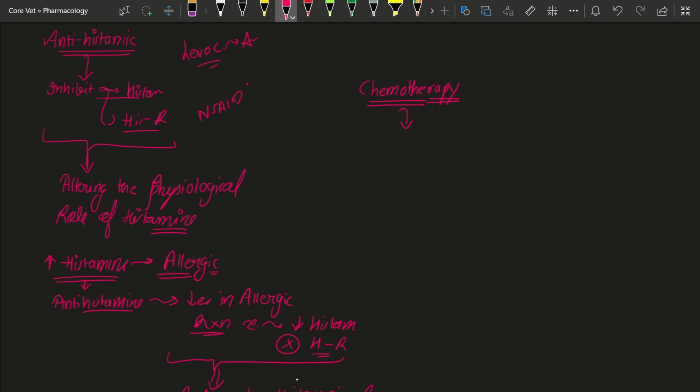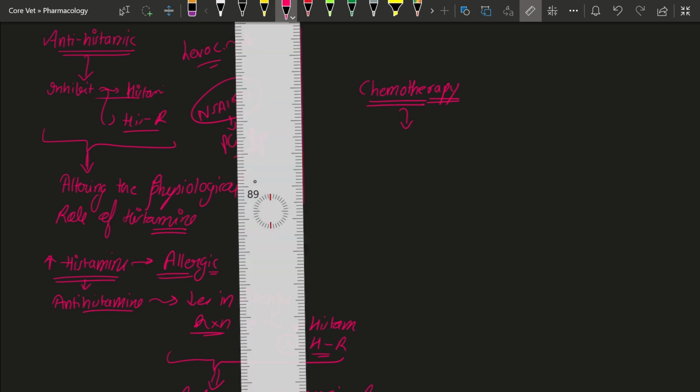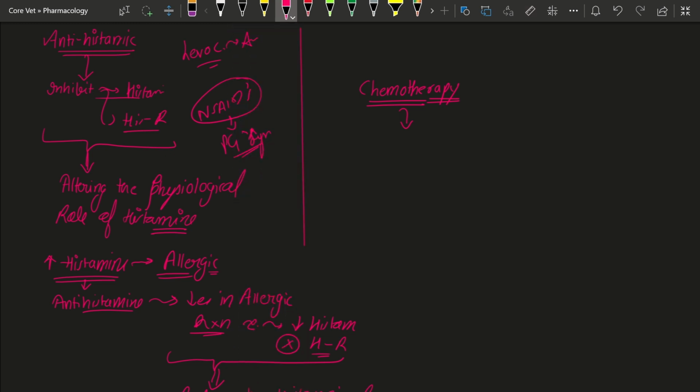You can also take an example of NSAID over here, which inhibits PG synthesis, right? The NSAIDs inhibit COX-1, COX-2, right? You can take an example of the NSAID too. Okay, so how do the classes of drugs that you had studied earlier differ from chemotherapy? See, the classes that come under chemotherapy, how do they affect the body?